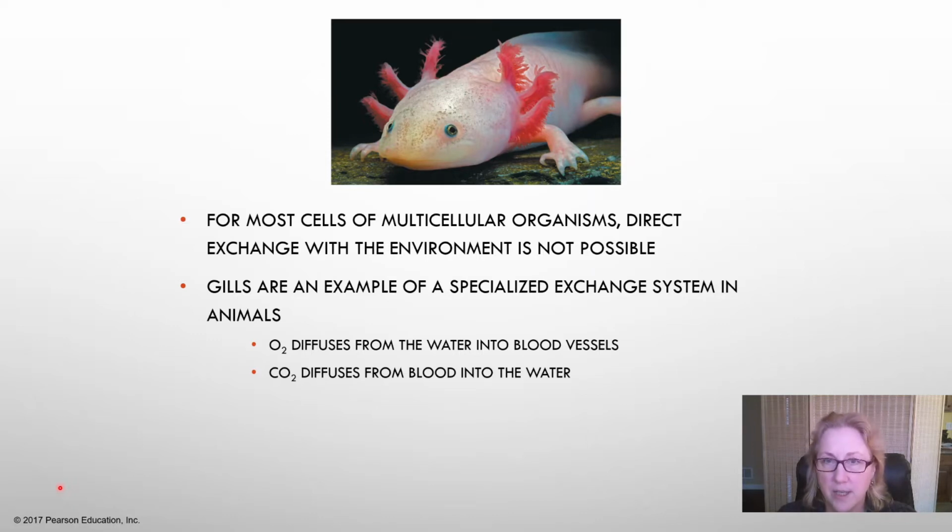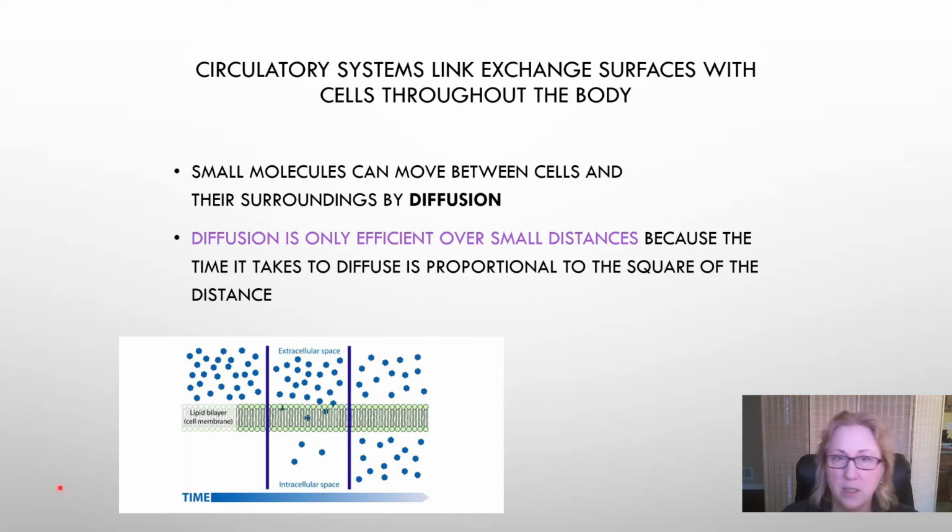Because for most of the cells in a multicellular organism, they are too far away to exchange gases with the environment directly, because diffusion in water or in a watery environment is pretty slow. And that's really how these gases are moving around.